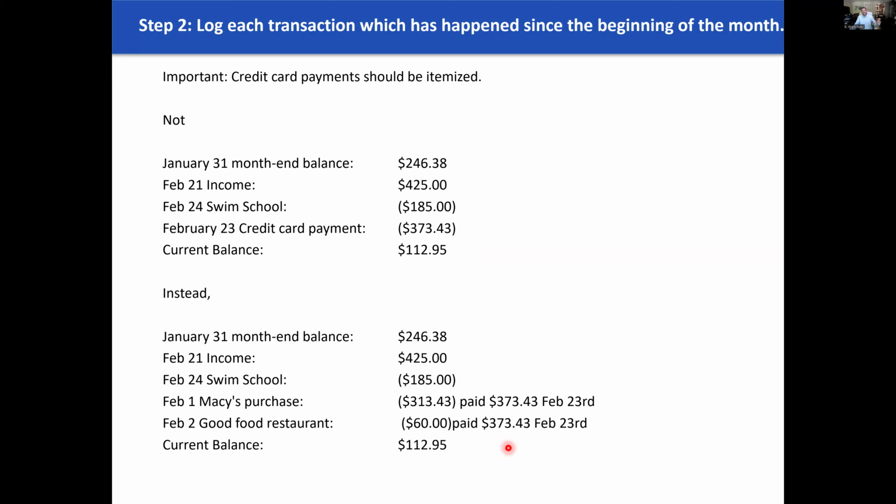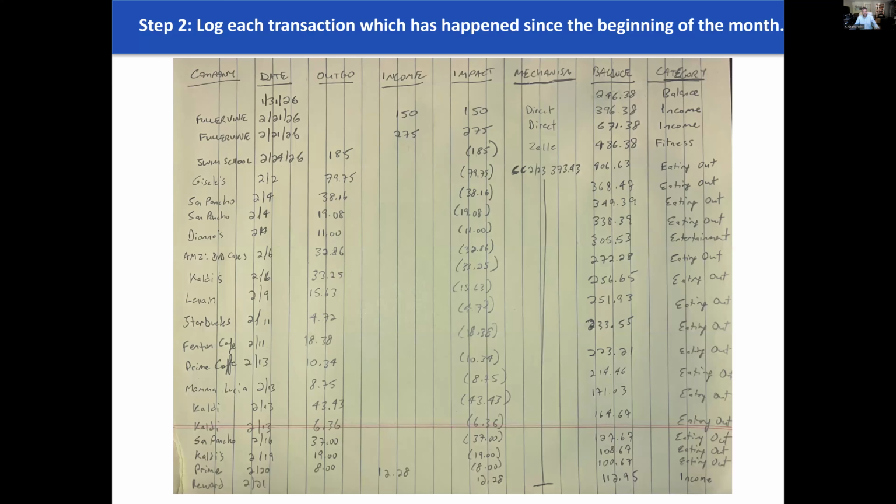We want to itemize our credit card transactions because we want to know what we're paying for. When we buy things from Macy's, was it clothing? Was it worth it? When we bought food from Good Food Restaurant, was it worth it? Was the food good? We want to be thinking about that, and doing it this way creates awareness, which is very, very powerful.